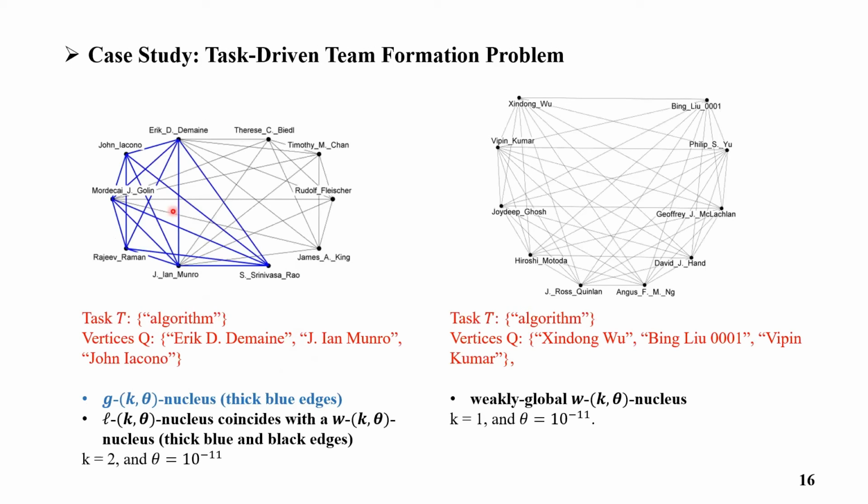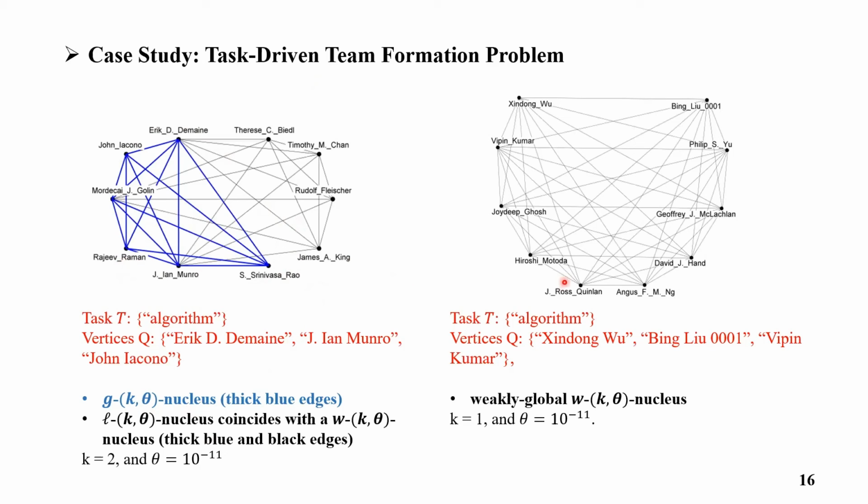Here you can see two queries. For both of them, we use the keyword algorithm, and the query vertices are different. On the left, you can see that the whole graph, thick blue and black edges, corresponds to a local nucleus subgraph, which is the same as a weakly global subgraph here. And also the graph in blue corresponds to a global nucleus subgraph.